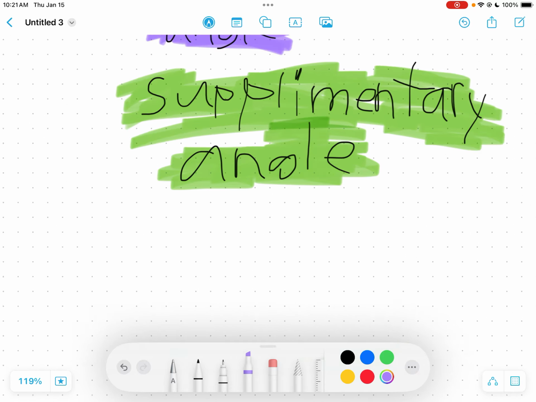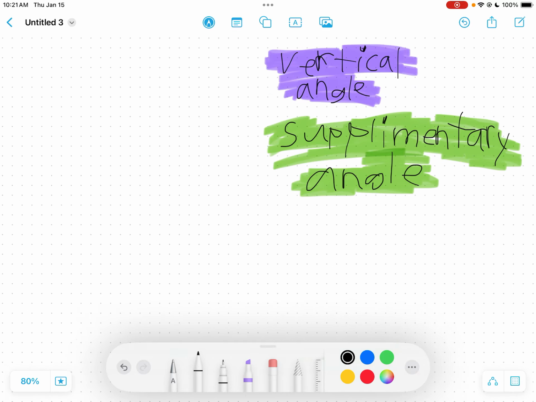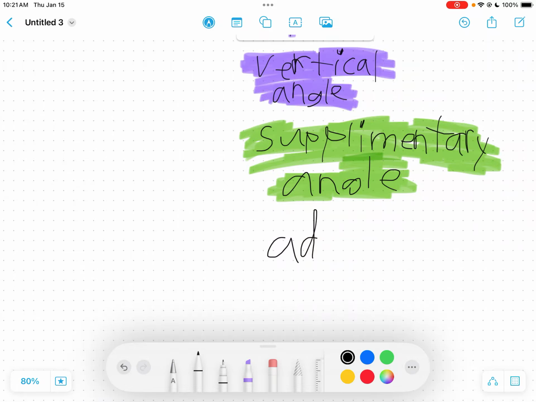And the last angle that we will see here is an adjacent angle.